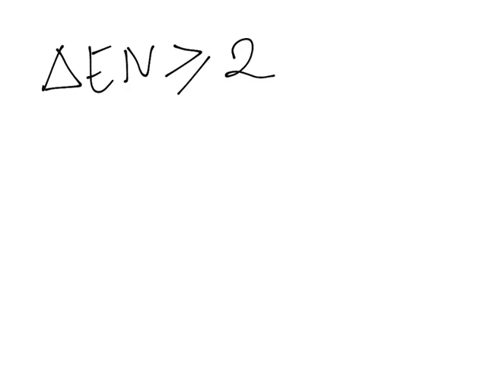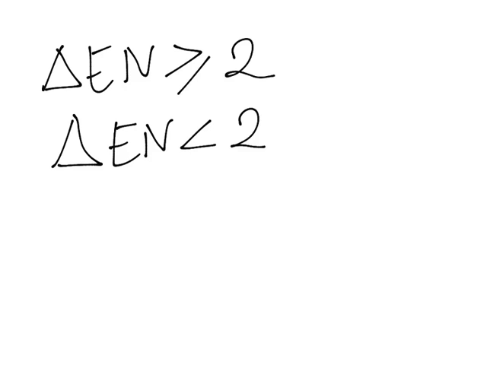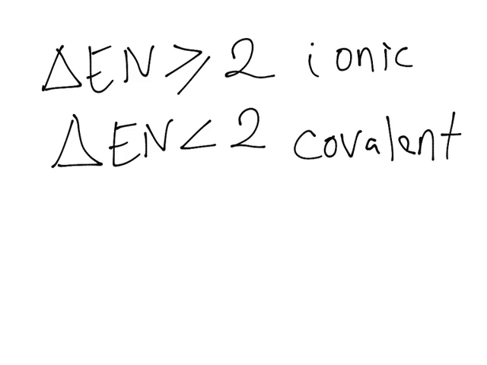We said that an ionic bond will be anything that has a difference equal to or above 2. So it's safe to say that something that has less than 2 will be considered covalent. So this is ionic. Now we have our base to better explain covalent bonds.